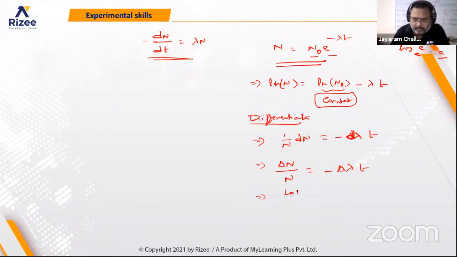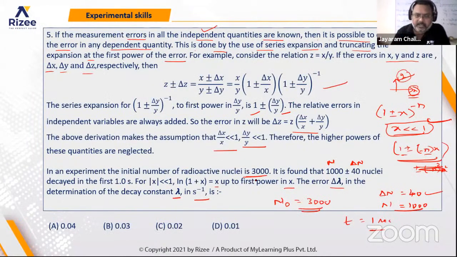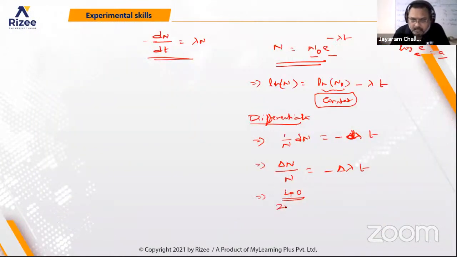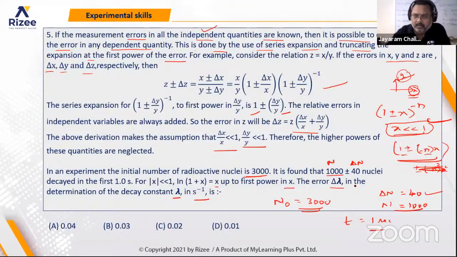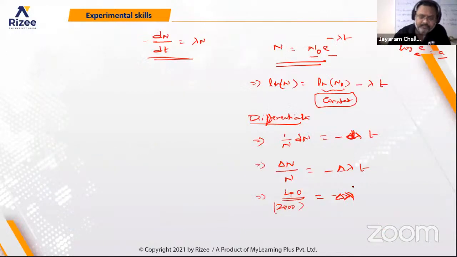So this is 40 by, what is the initial n naught? n naught is 3000, n is going to be 1000, and the number of nuclei decayed will be 2000, into the time. So it is minus delta lambda into t. What is the time taken there? It is 1 second. So time t is equal to 1 second.